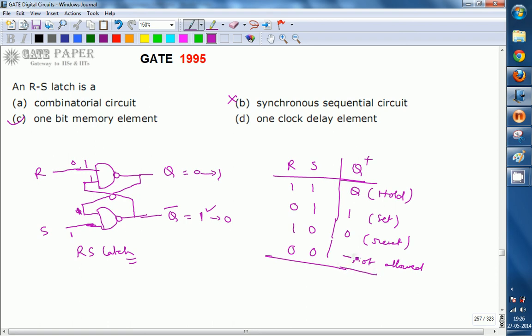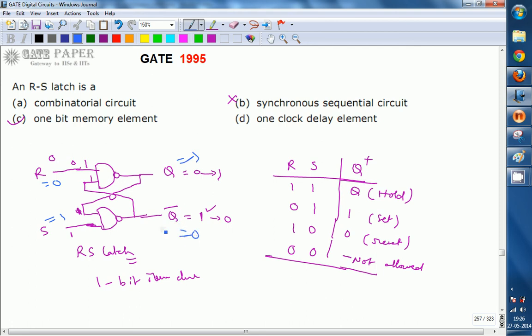So it is simply acting as a 1-bit memory element, depending on the values. If you give R equal to 0 and S equal to 1, always Q will be at 1 and Q bar will be at 0.